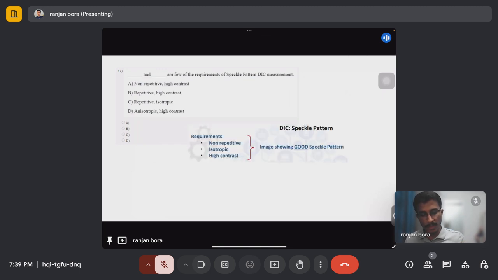You can see these are the requirements, like it should be non-repetitive and isotropic, high contrast, then only it shows a good speckle pattern. And from the options we can see that option A is correct, non-repetitive and high contrast.